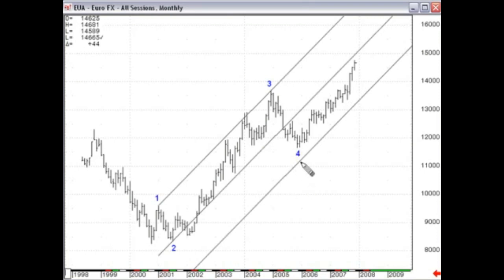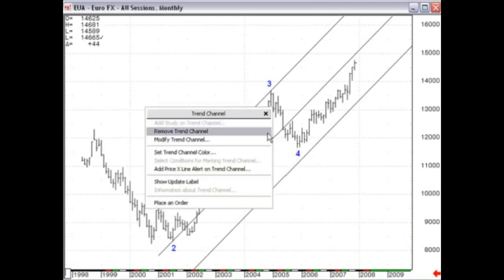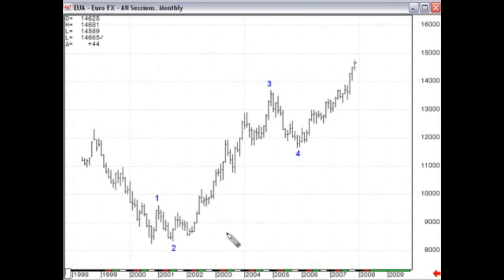And as you can see, this lower boundary line did in fact hold, and it did contain the fourth wave pullback here.